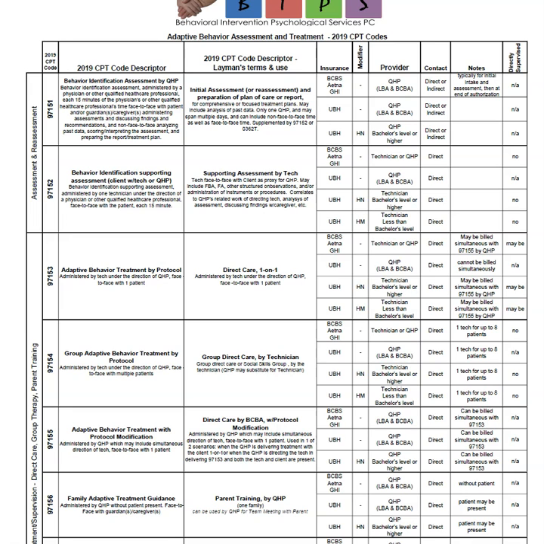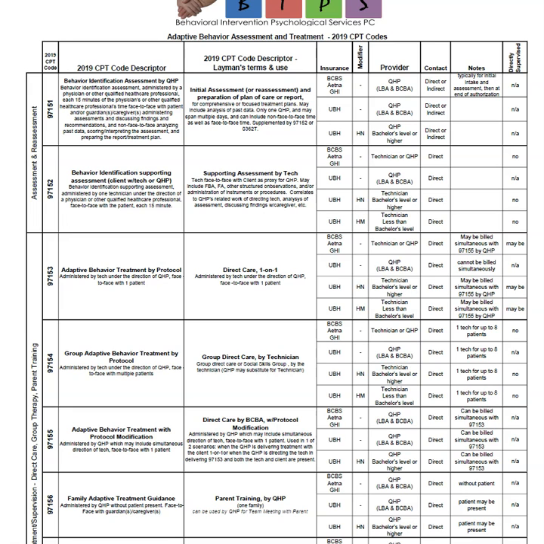97156 is Family Adaptive Treatment Guidance, also known as parent training. This is done by the QHP with one family. With Blue Cross, Aetna, GHI, and UBH, this is all performed only by the QHP. Now, Blue Cross, Aetna, and GHI say that it's done without the patient present, right?